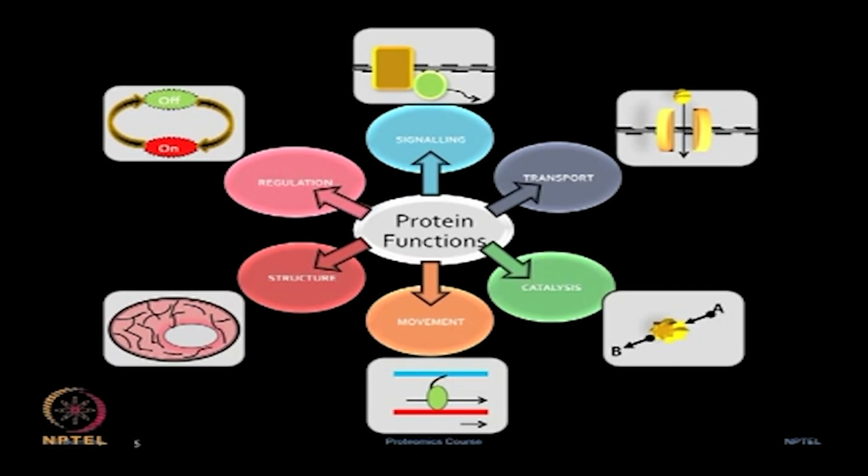Transport and storage: proteins can transport small molecules such as oxygen and iron. Proteins are involved in movement, with muscle contraction. In microorganisms like bacteria, chemotaxis is an example. They are also responsible for mechanical strength, for example in skin and bones, where collagen and keratin are examples.